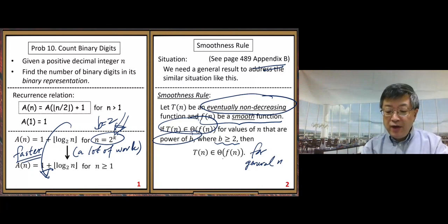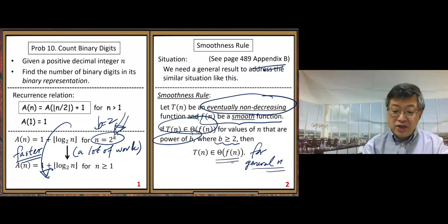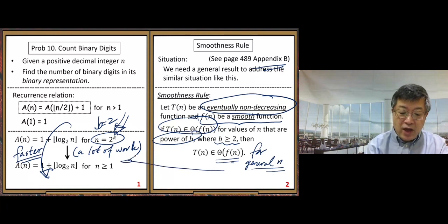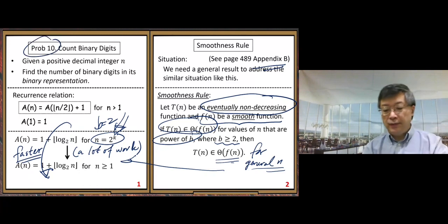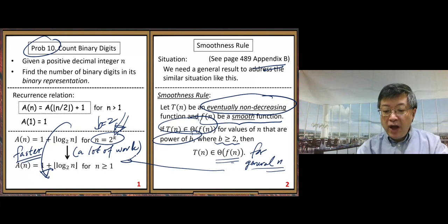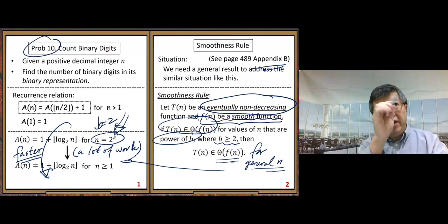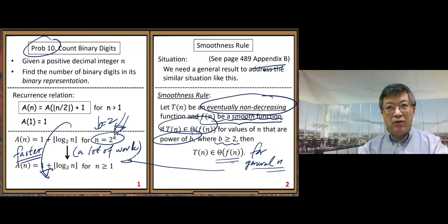The conclusion is that T of n belongs to the same category, but for general n. That's the same thing we need in our example problem 10. And here, the key condition is that f of n is a smooth function. You need to check that f of n is a smooth function.